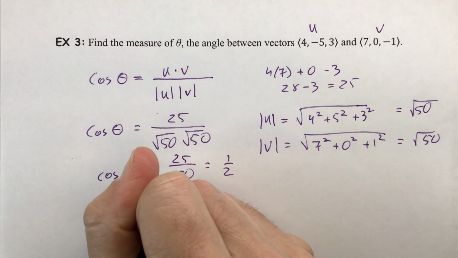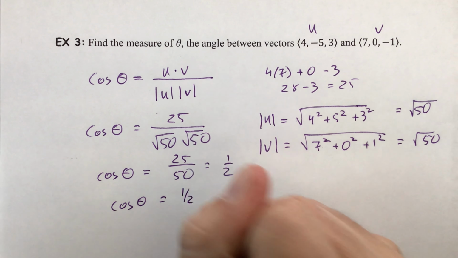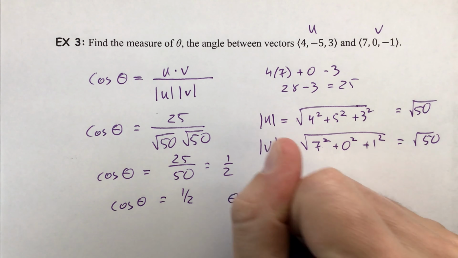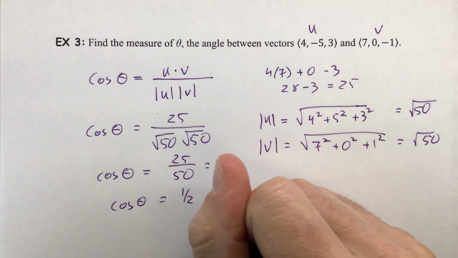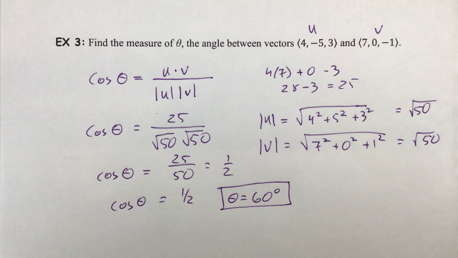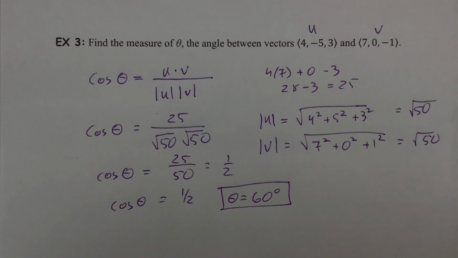If the cosine of theta is equal to 1/2, then we already know, based off of our special angle measurements, that theta must equal 60 degrees. You're not going to get that one happening all the time, but it did in this case.